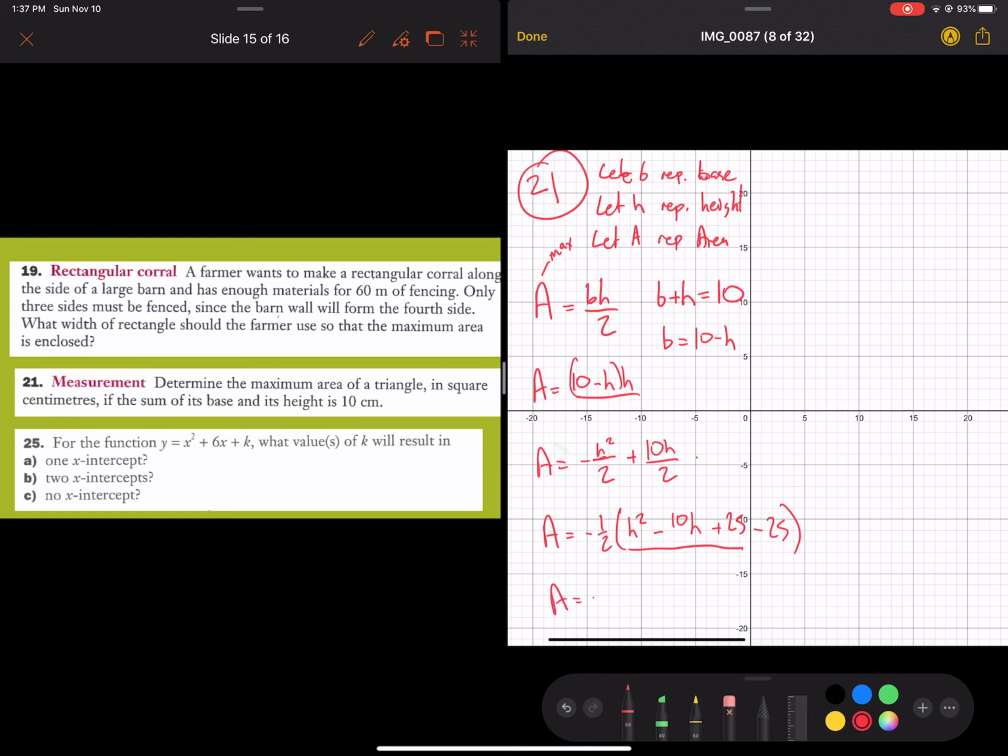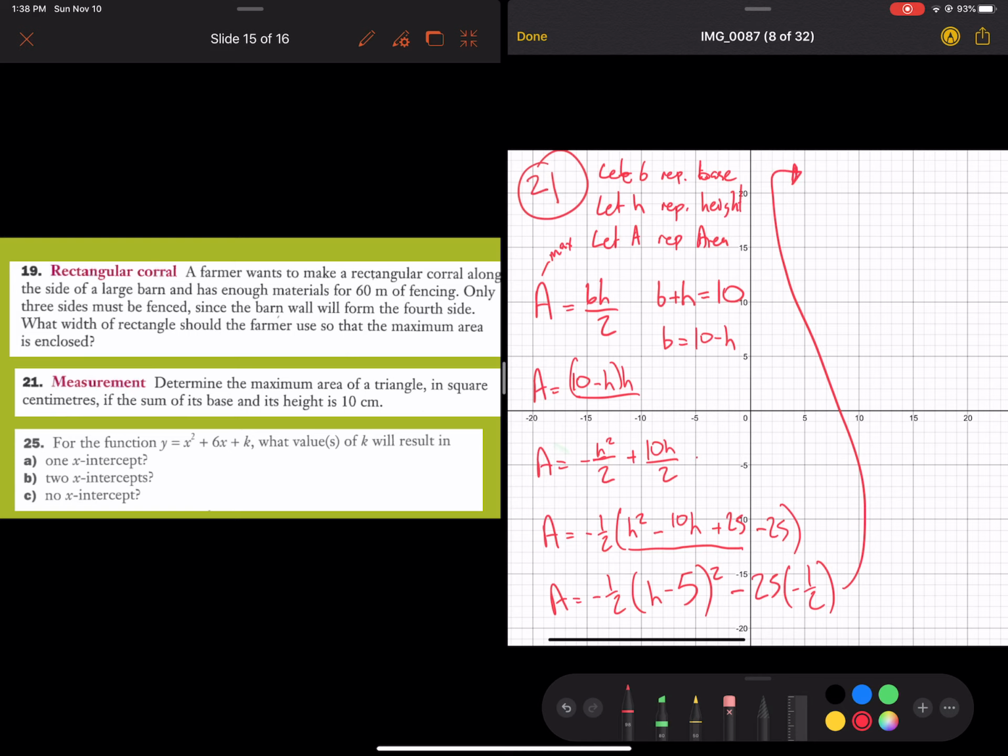A equals minus half h minus 5 squared. How do we get this minus 25 outside of our brackets? Well, we have to multiply it by minus 25 times minus half.